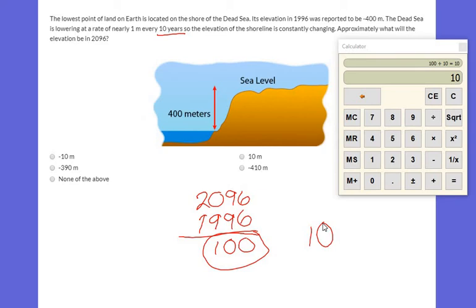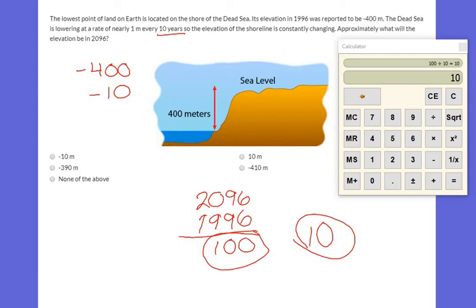So every 10 years it's losing a meter. It started at negative 400 meters, and we are doing that for 10 sets, so it's going to lose a total of 10 meters.